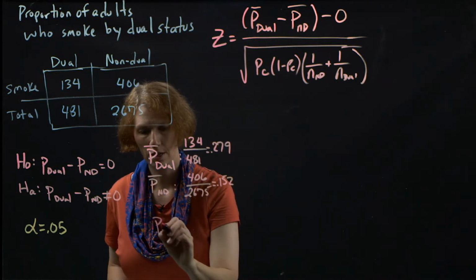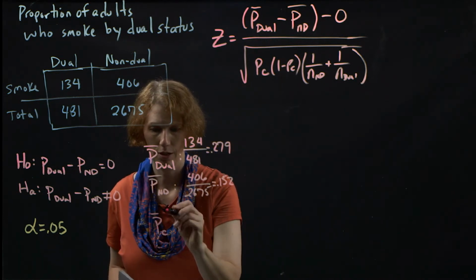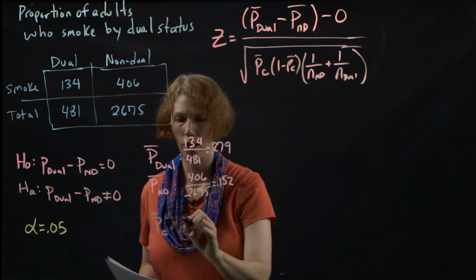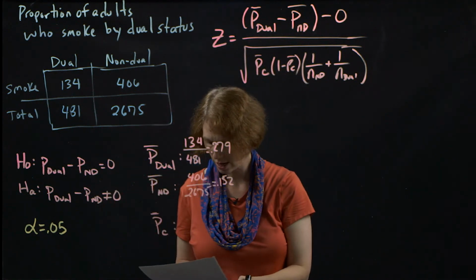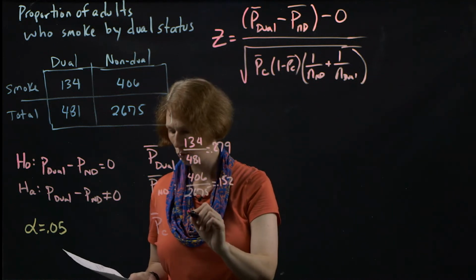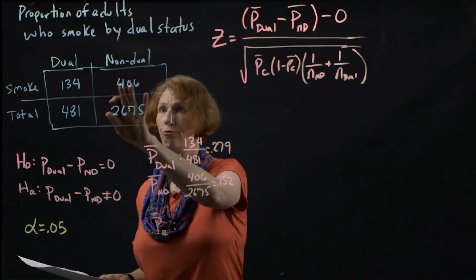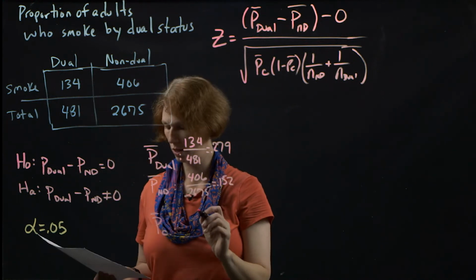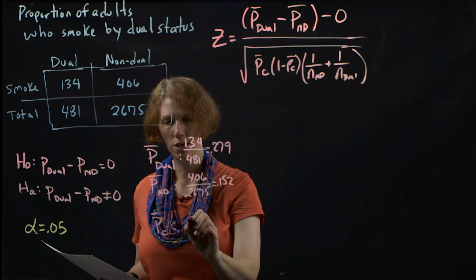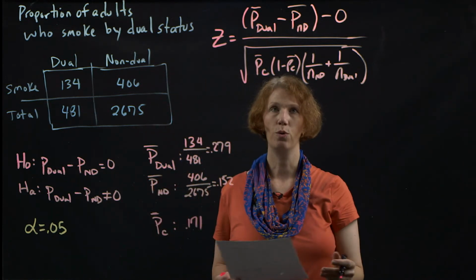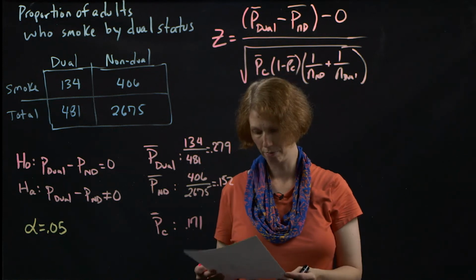And so it's just the combined proportion here, which sometimes is denoted with a bar across the top since it's a sample as well. And just for the sake of expediency here, when we do that, we get 406 plus 134 divided by 481 plus 2675, and we get 0.171. Okay, we're combining both of those samples together.